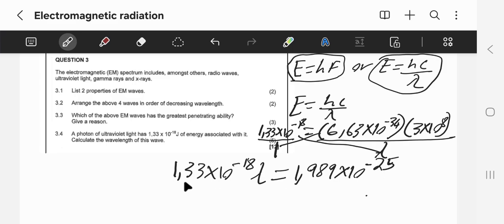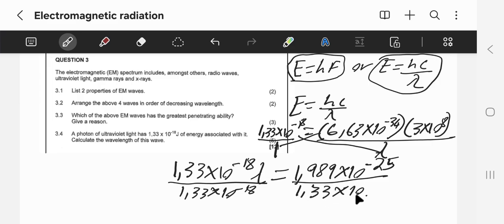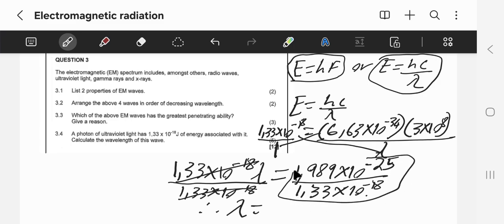And then from there, I'm going to divide by the coefficient of the wavelength, which is 1,33 times 10 to the power of negative 18. And this I'm going to do on both sides. Then these will cancel. Therefore, the wavelength will be equal to, I'm going to take this and put it on the calculator as it is.